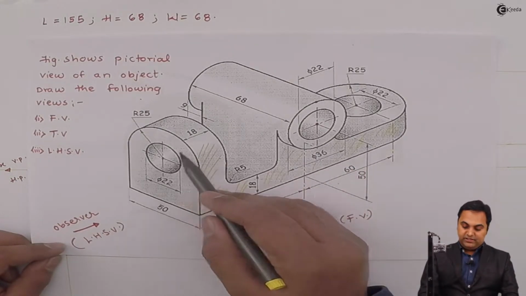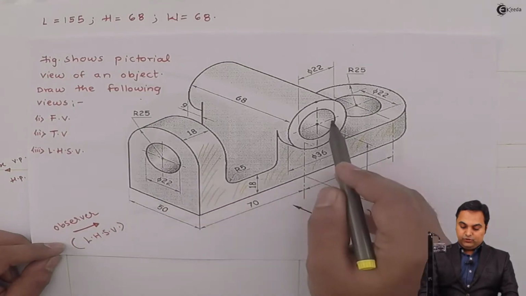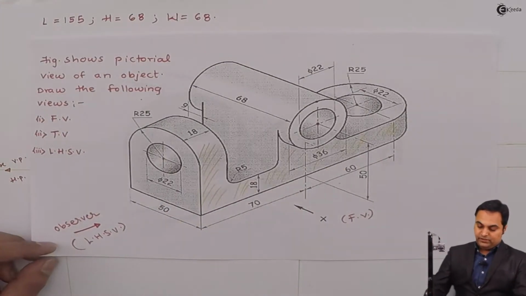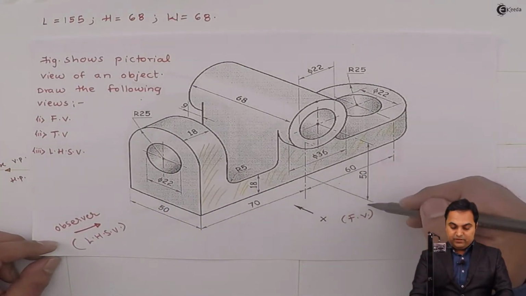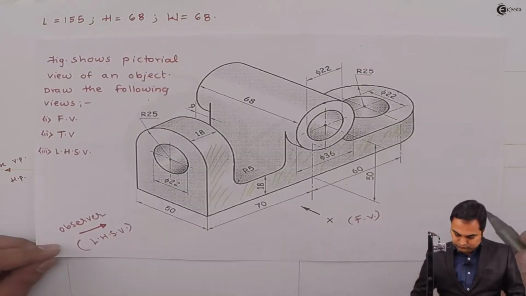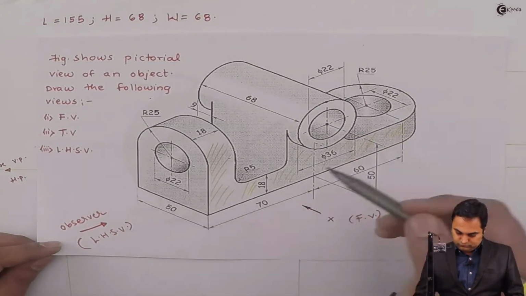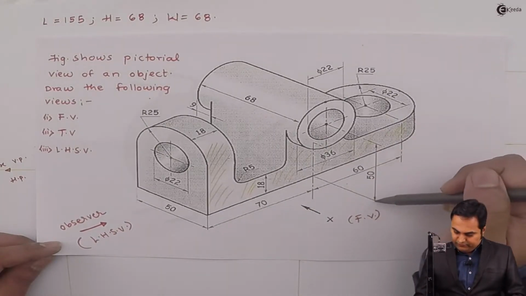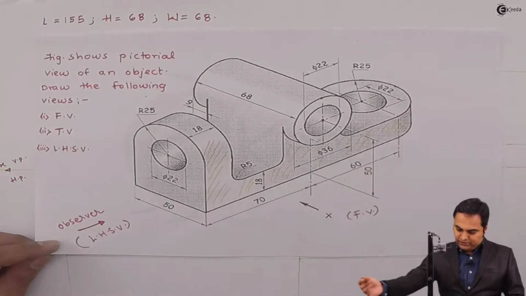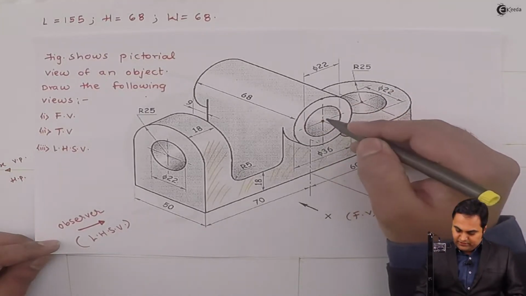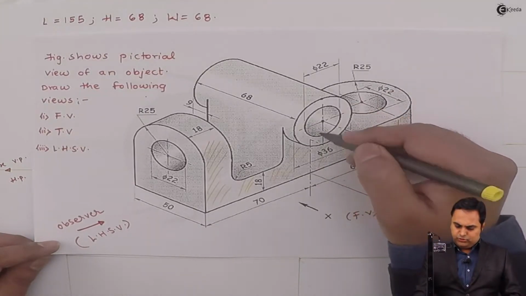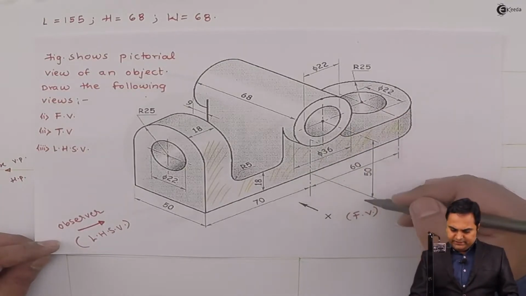So this center and the center here, they are going to coincide, and for that I can say the height is 50 mm from bottom. Here I can say that 50 is the distance up to this center, and the outer circle is having the diameter 36, so this height is 68 mm.